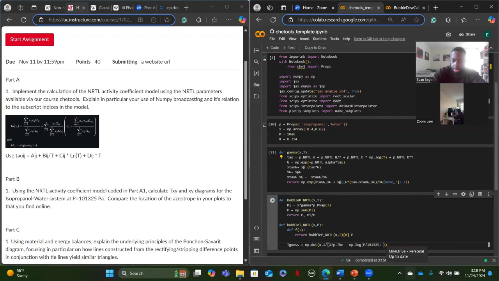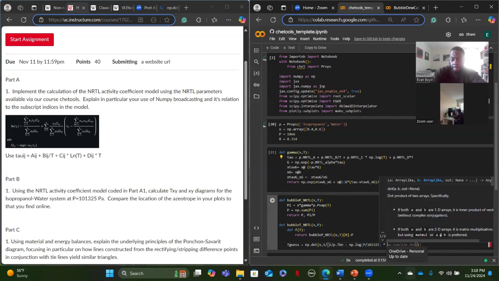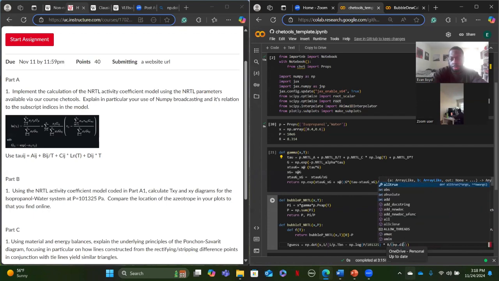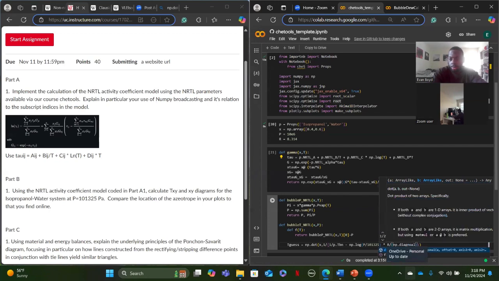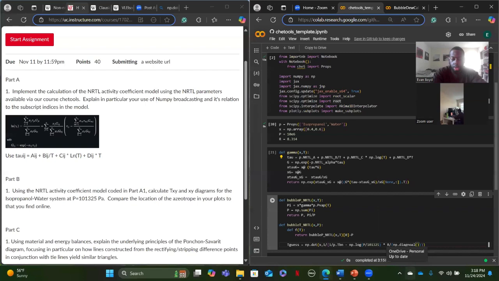And then this would be times our gas constant divided by 1 here, divided by, I guess the hard part is just remembering the parentheses, divided by np.diag, diagonal. And then inside the np.diag would be p.HVAP.